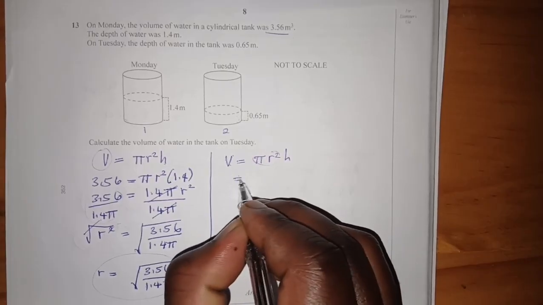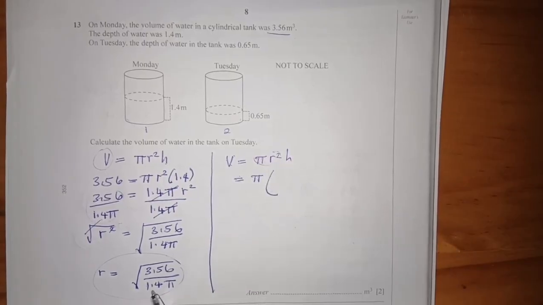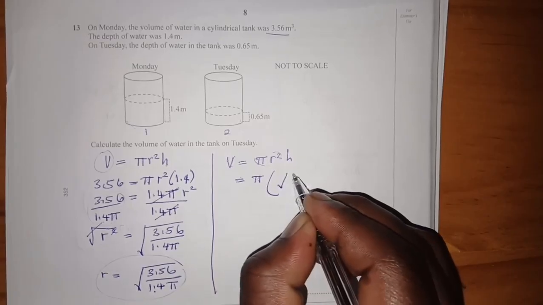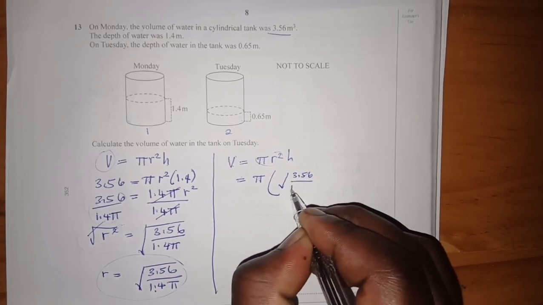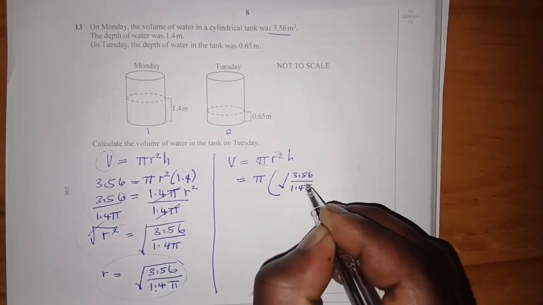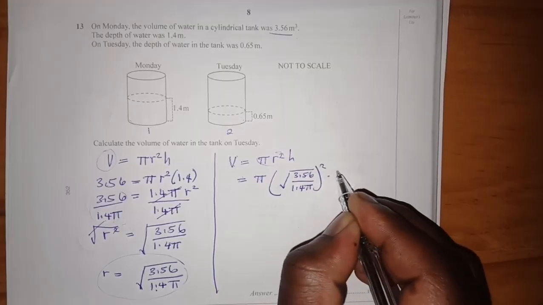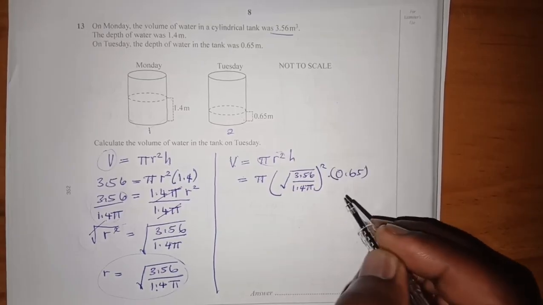So now this is equal to pi multiplied by r, which is the square root of 3.56 over 1.4 pi. All this is squared, times the height, 0.65.